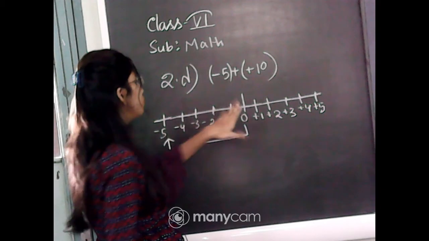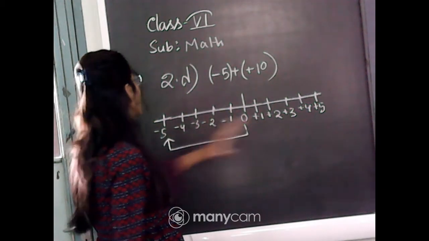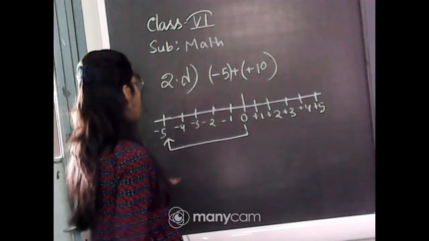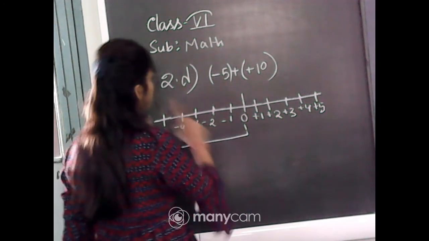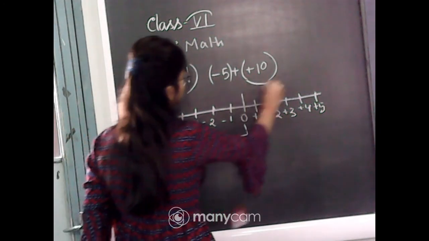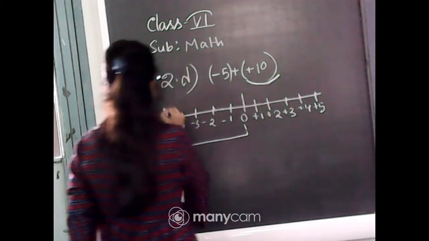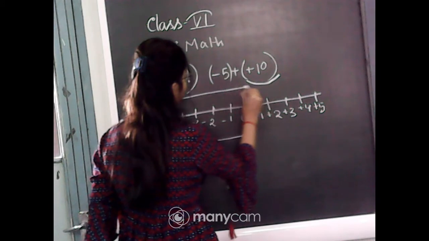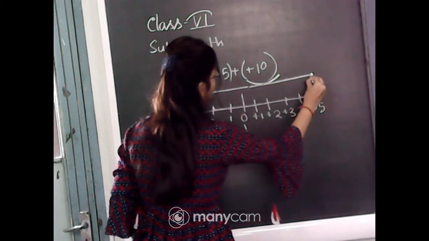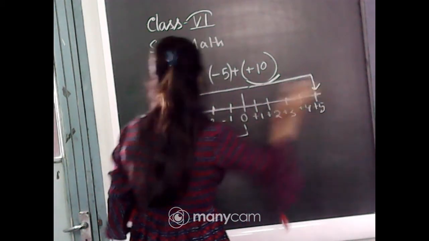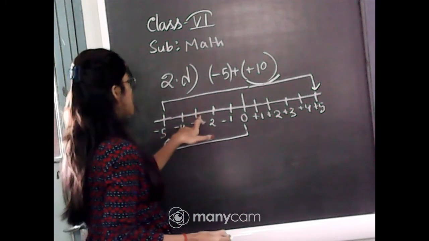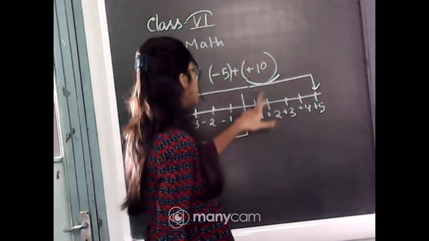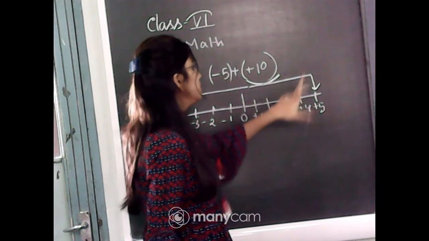Then we move 10 steps to the right of minus 5 and reach the point plus 5. 1 step, 2 step, 3 step, 4 step, 5 step, 6, 7, 8, 9, 10.